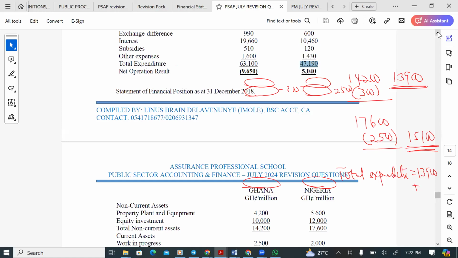It will be the total revenue expenditure plus the expenditure on this asset itself. That will give you the total expenditure for the year. Then you find the portion that is for the capital expenditure. All right. So we have 63 plus 63,100.